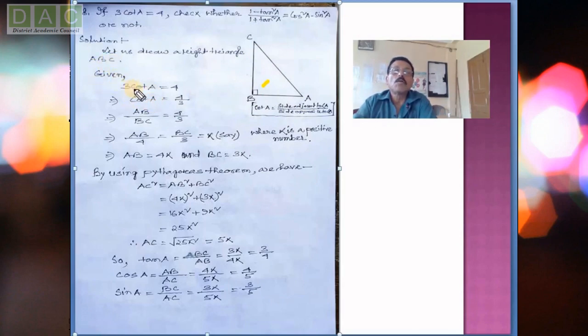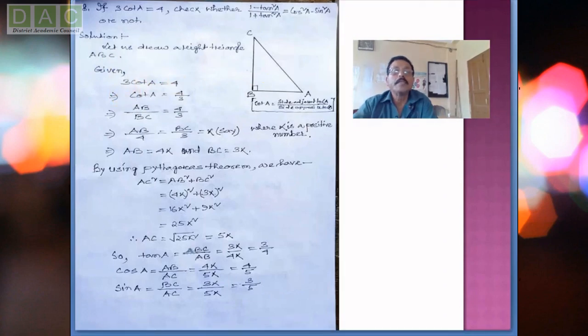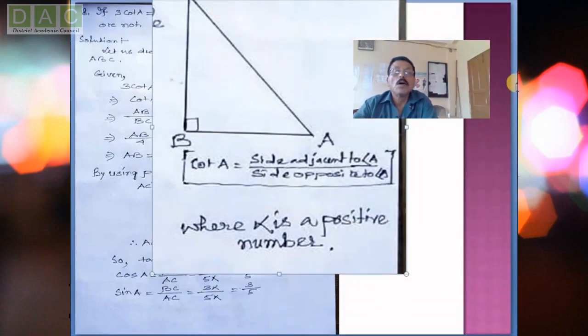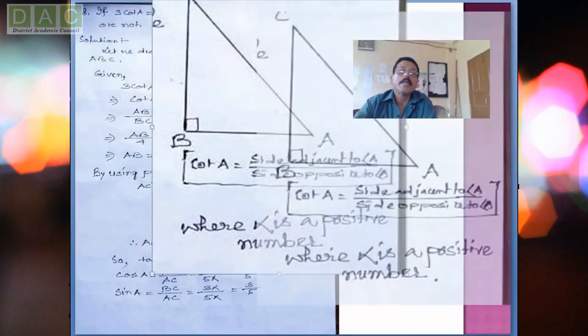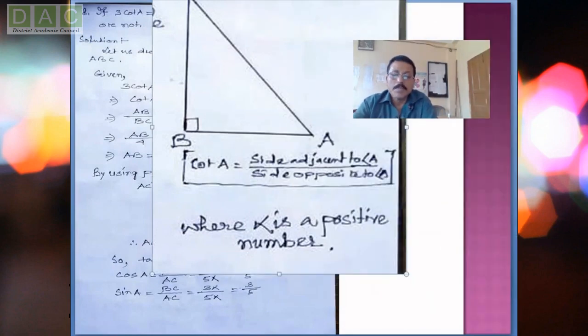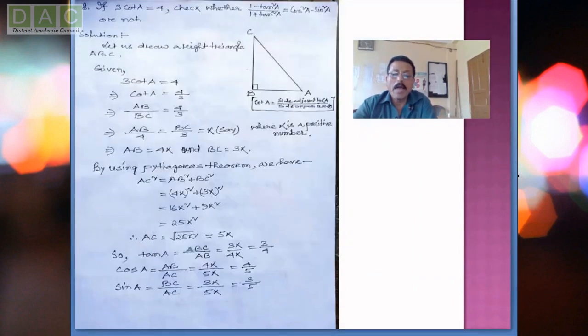Given 3 cot A equals 4, then cot A equals 4 by 3. So cot A's value will be side adjacent to angle A by side opposite to angle A. Now see, the side adjacent to angle A is AB, and the side opposite to angle A is BC.